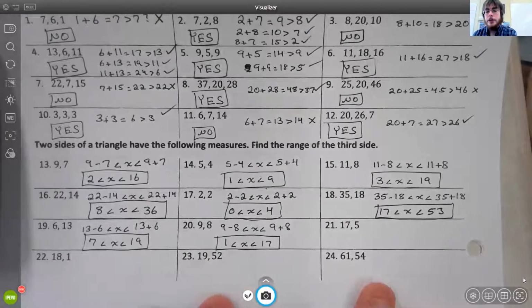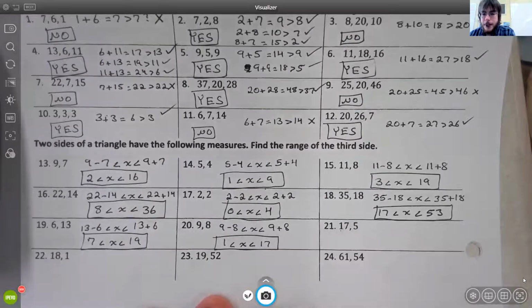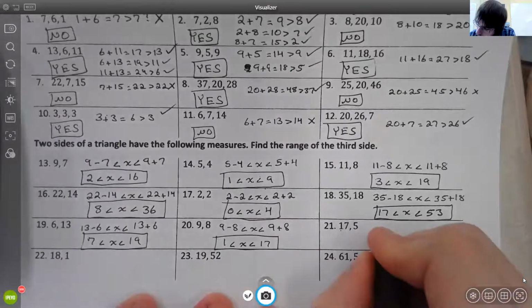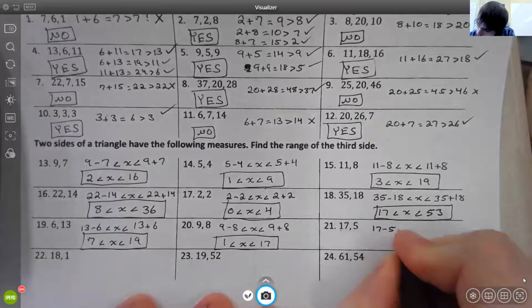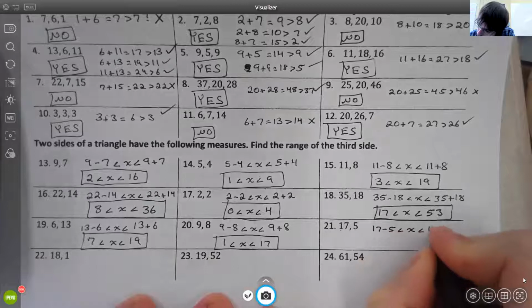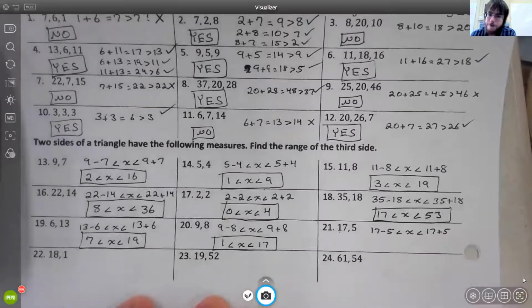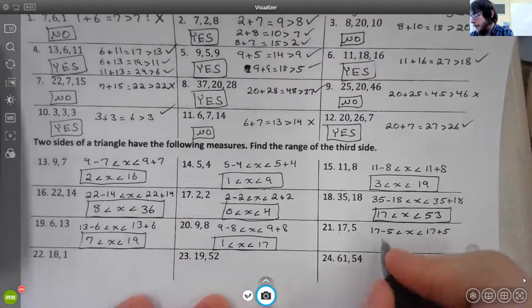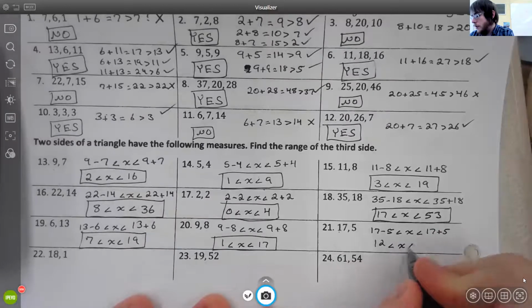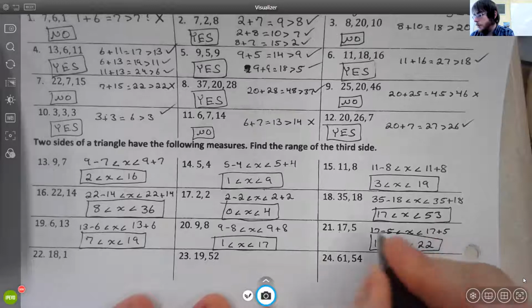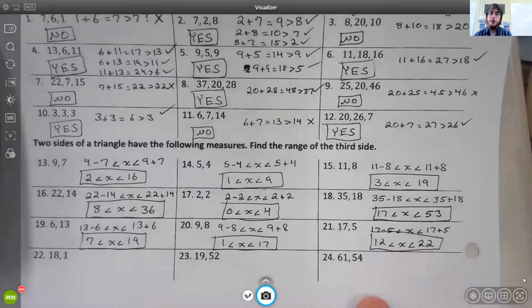Number 21, 17 and 5, we're going to take 17 and subtract 5, less than x, less than, and then we're going to take 17 and add 5. 17 minus 5 is 12. 17 plus 5 is 22. So x has to be between 12 and 22.